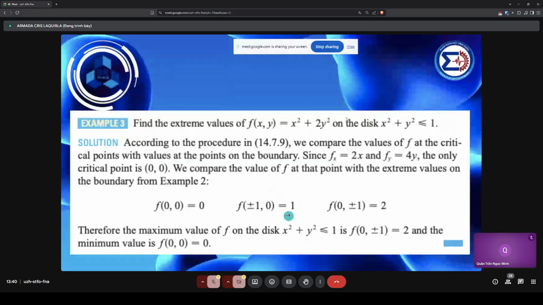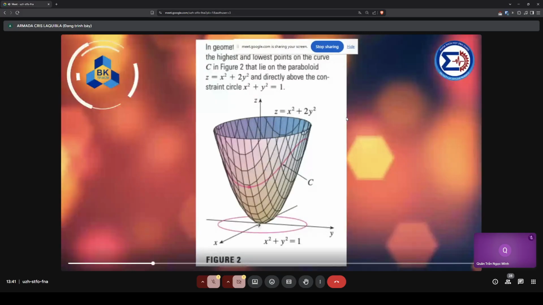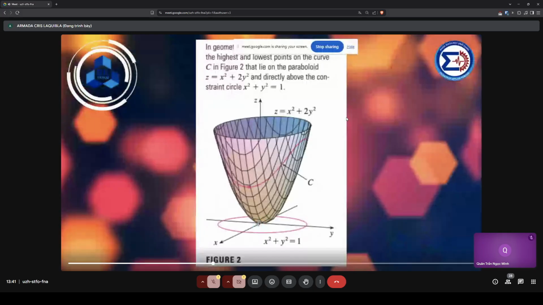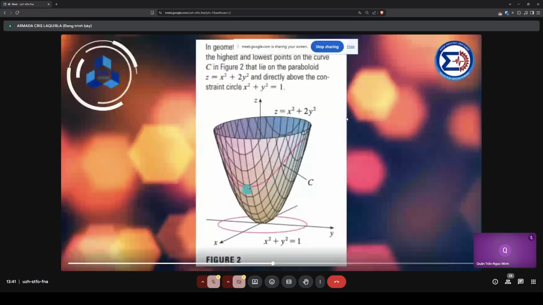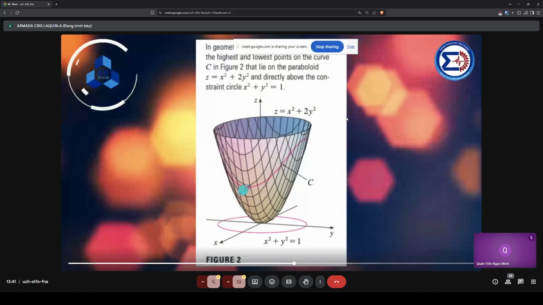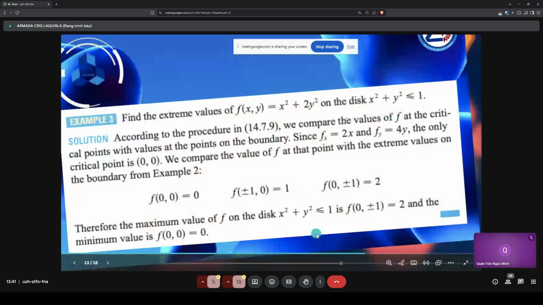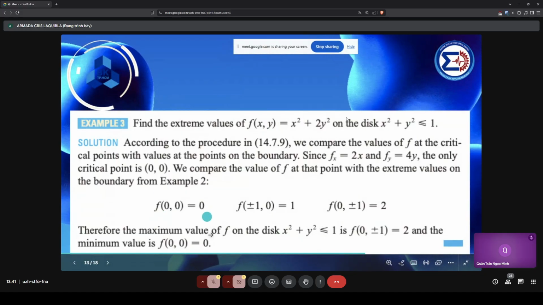The point 0, 0 is here in your x and y, and the point in the z there is the minimum, the lowest point, where z is 0. So it is not this point anymore, because here the z is 1. And that's it. We only change the value of the minimum, which is the f of 0, 0.